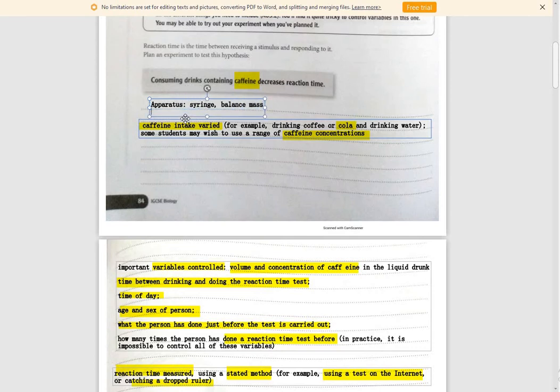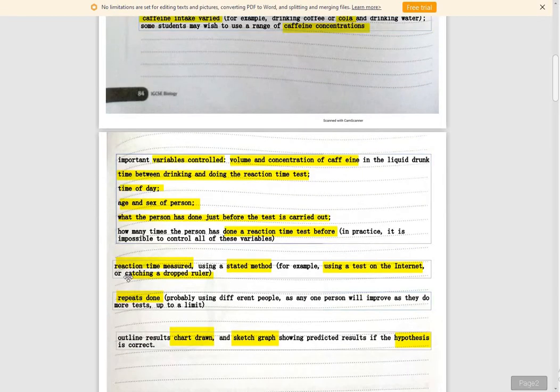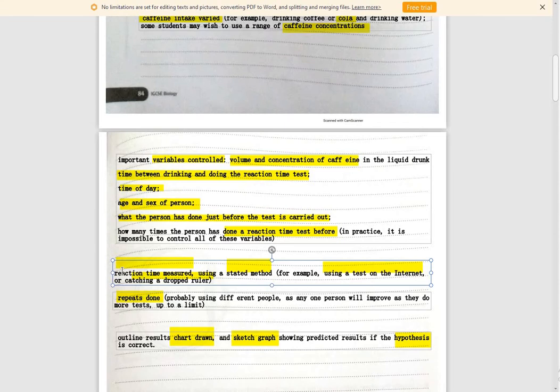And then the next one, which is the method. How are you going to conduct this experiment? You're going to use different caffeine concentrations, test it on one person, and then calculate the reaction time using a stated method. You need to mention all that. So this is the method carried out.